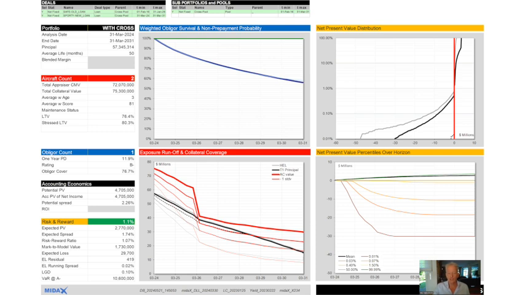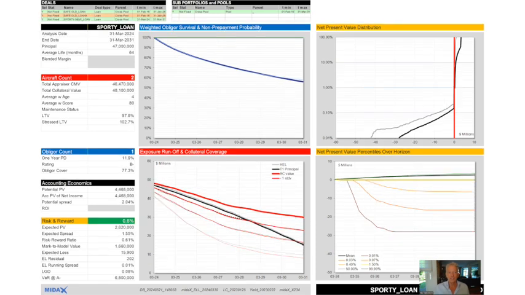So now we need to look at the marginal risk-reward ratio of the deal that we are asking to have a decision made for. Okay, so what we can do in MIDAX, and this is super cool, I think, is that you can put in the old safe loan in the portfolio, and you can put in the new sporty loan with the cross between those two, but then remove the existence of the old loan that you already have.